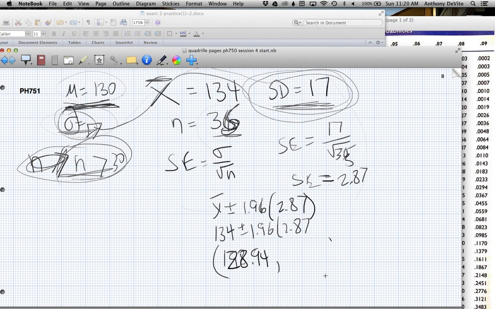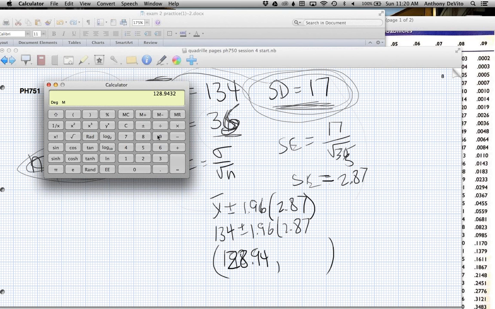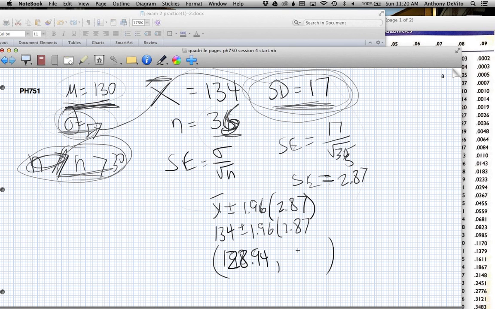And my upper range is going to be 134 plus the margin of error, which is 139.05, 130.05, I think it was. Doesn't matter that much on the upper range.